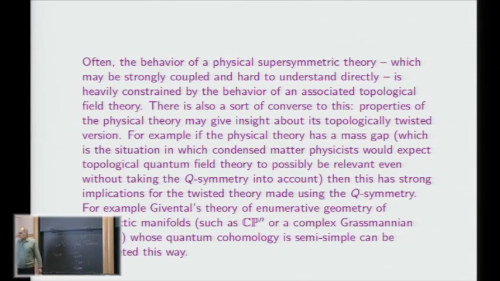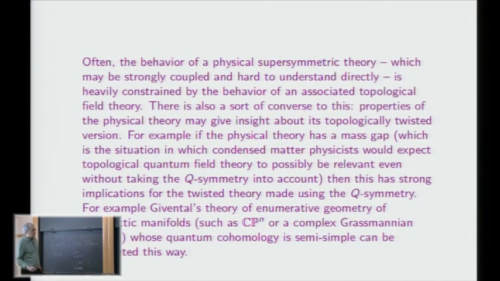For example, if the physical theory has a mass gap, then this has strong implications for the twisted topological field theory. An example of that, prior to Seiberg-Witten theory, when Seiberg-Witten theory wasn't available, I had used the fact that N=1 super-Yang-Mills theory has a mass gap to predict the Donaldson invariants of Kähler manifolds. And there I used the fact that there was a mass gap to make a prediction about a twisted theory.